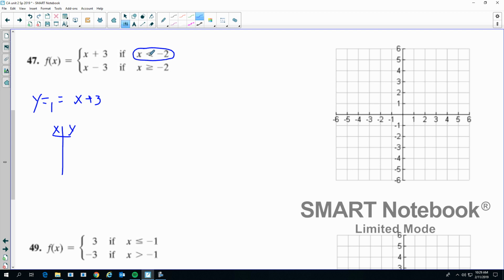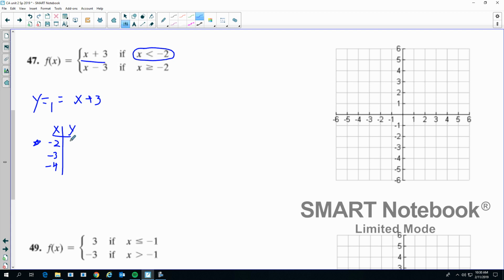Even though it doesn't have the equals to, I do want to start at -2, and you can put a little asterisk or star next to it, just to remind yourself to think about whether it's open or closed. Then we want to pick a couple other values less than that. You can just be boring and say -3, -4. That's fine. We're going to plug that in here and add 3 to it.